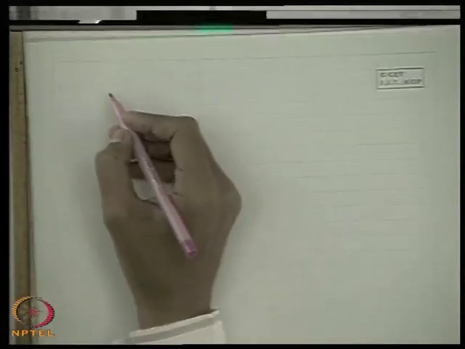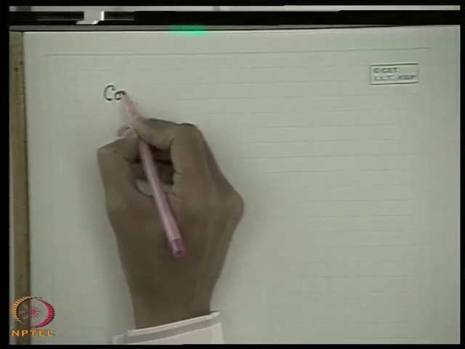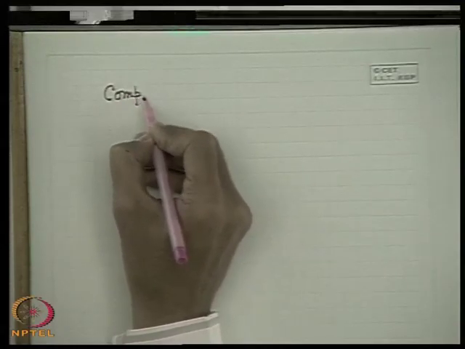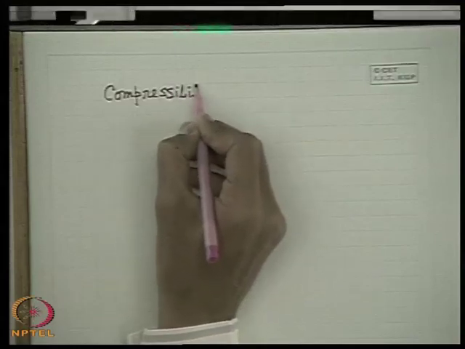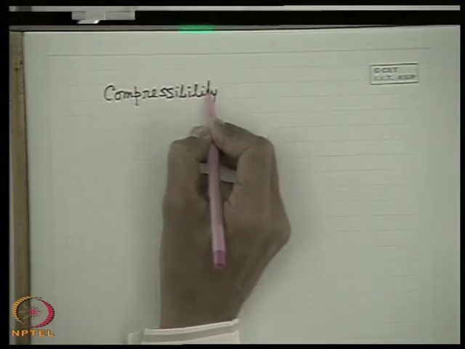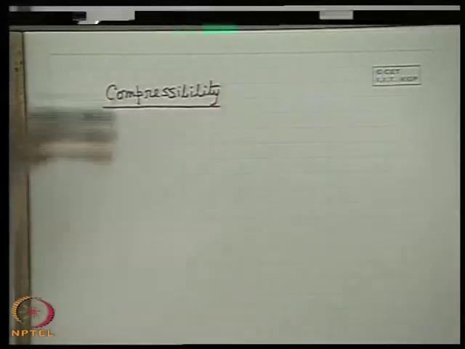Now I come to another property of the fluid, compressibility. Compressibility of a fluid, probably you have come across this term at your school level. This is very simple, again a recapitulation of your basic things.